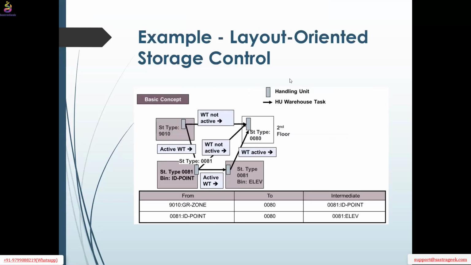Now, in the same way, we also have something called layout oriented storage control. Where do we use this? Depending upon the physical layout of a warehouse, we will try to automate the steps.